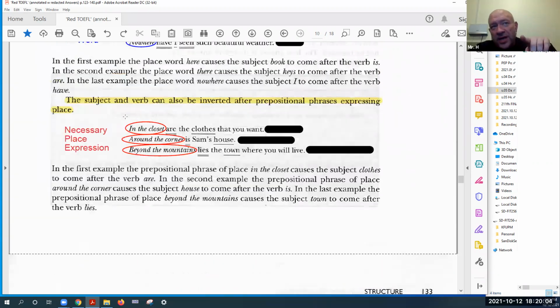Yeah, so that's what I showed you up here. I showed you to complete this idea, we need these expressions. So that's why we invert here.